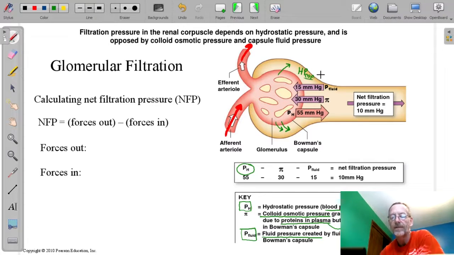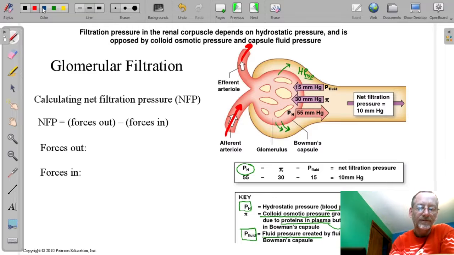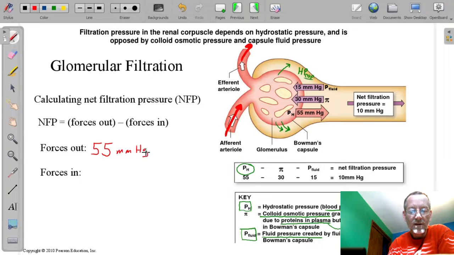That's the idea. So the numbers that they've given here are blood pressure 55 out. So forces out would be 55. Everything's in millimeters of mercury. And then what are the forces in? Well, we have osmotic pressure, I'll just go back to osmotic pressure, OP, of the capillary or the glomerulus.